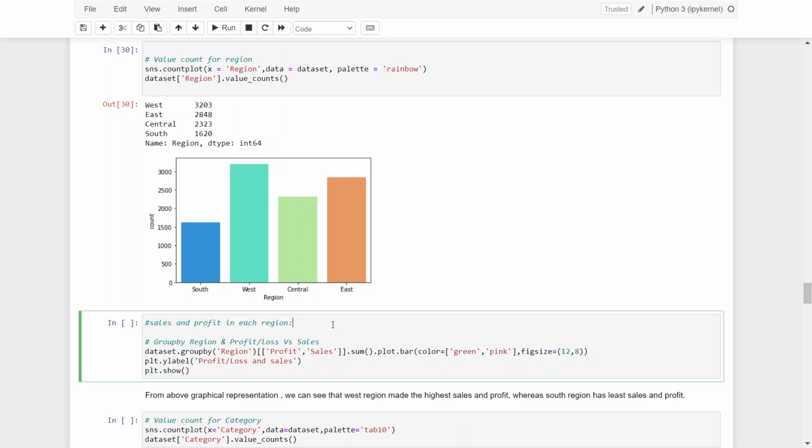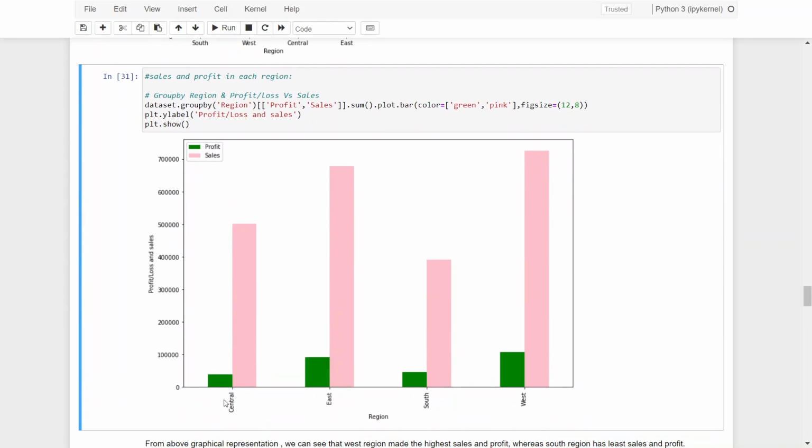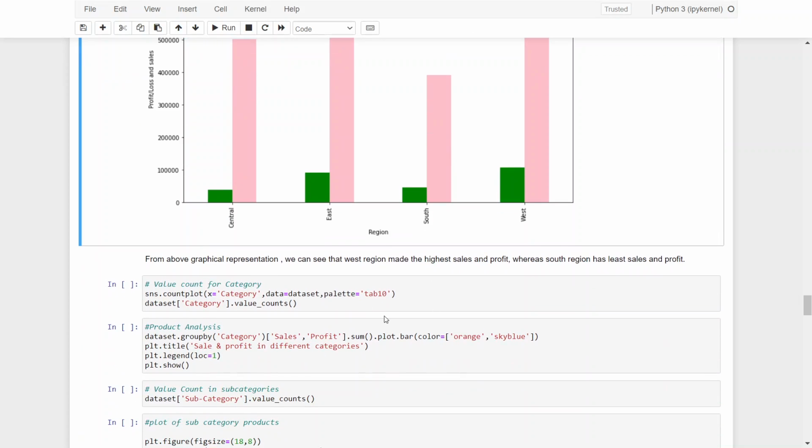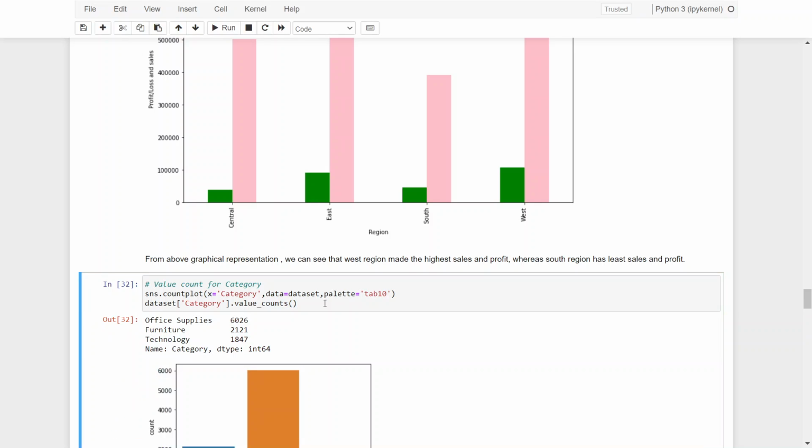This is the result. As you can see, the west has the highest sales and highest profit, followed by the east, the central, and the south.